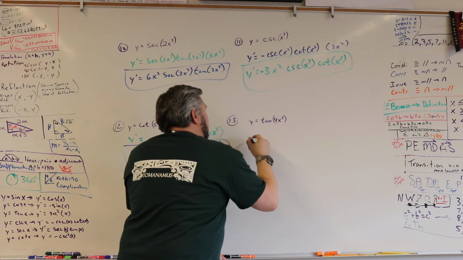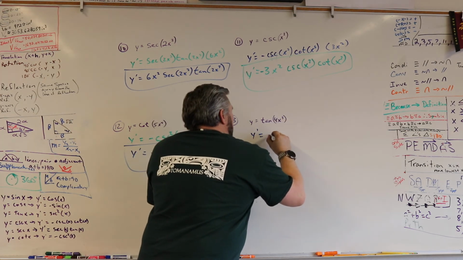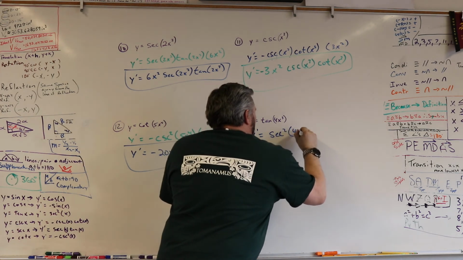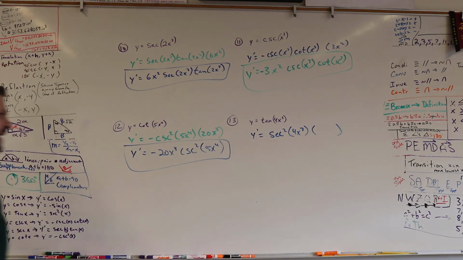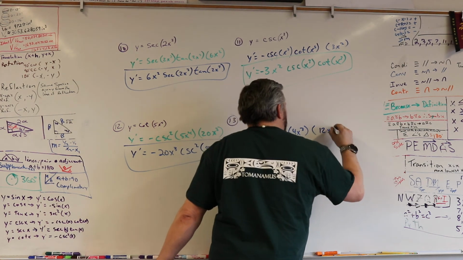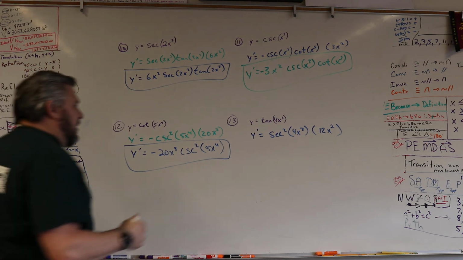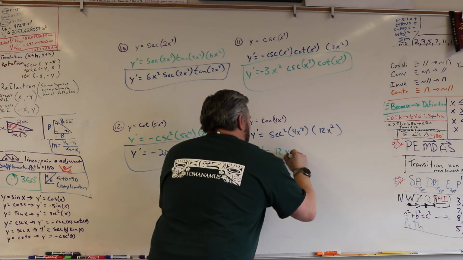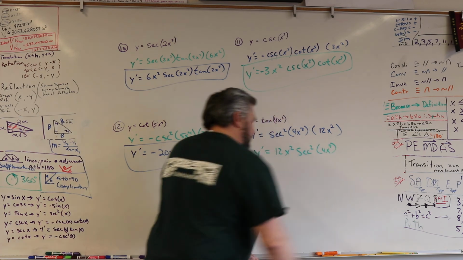So I got y prime is equal to secant squared 4x to the third, and then what's the derivative of 4x to the third? 12x to the... squared. Yes. Good. And then we'll rewrite that as y prime is 12x squared times secant squared 4x cubed.